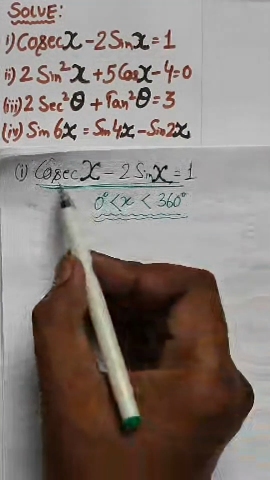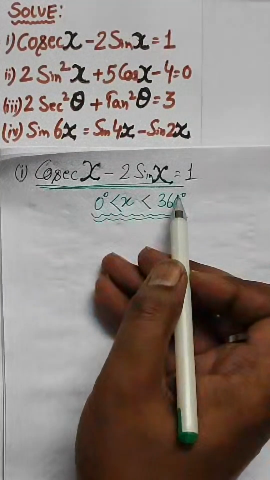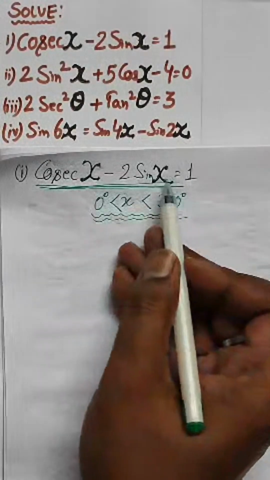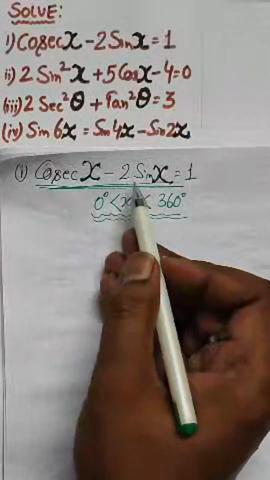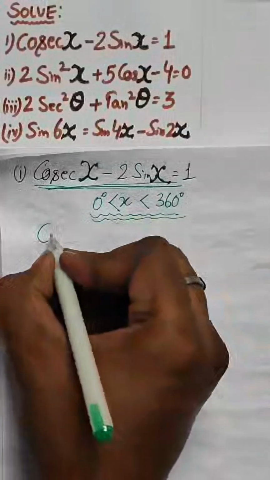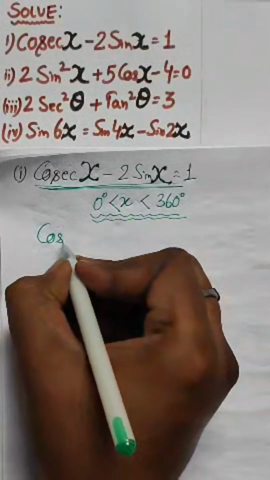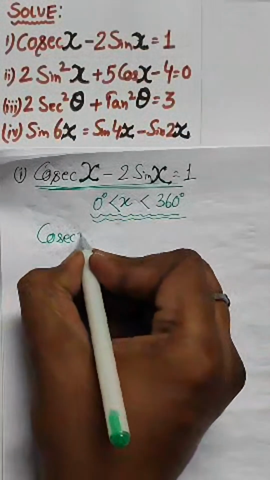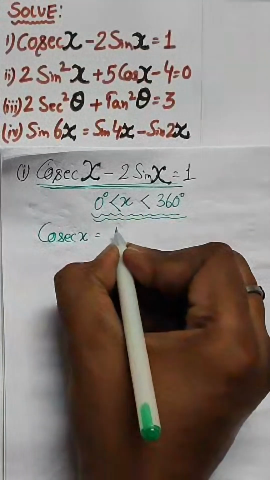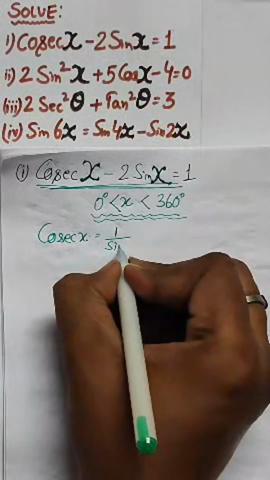So this is an equation, right? The given equation, cosec x minus 2 sin x, can be written with cosec x as 1 by sin x, isn't it?